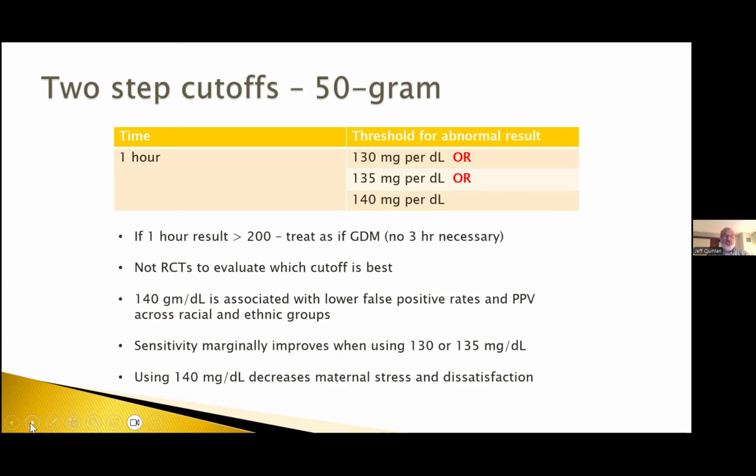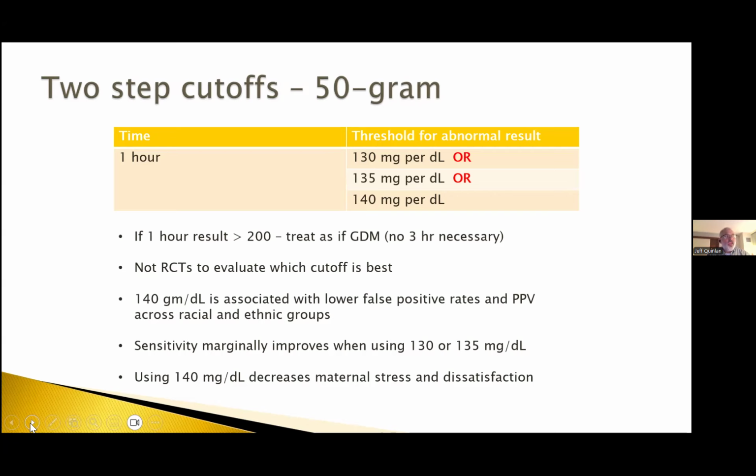If you do use the 140, there's a lower false positive rate, and there's also a better positive predictive value across all races and ethnic groups. If you use a 130 or a 135, the sensitivity marginally improves.